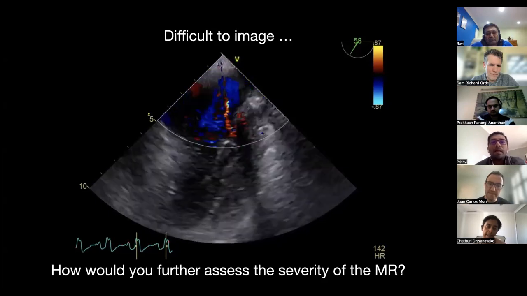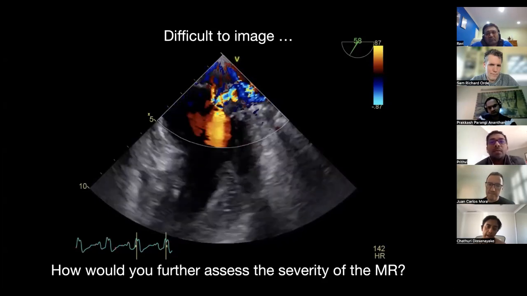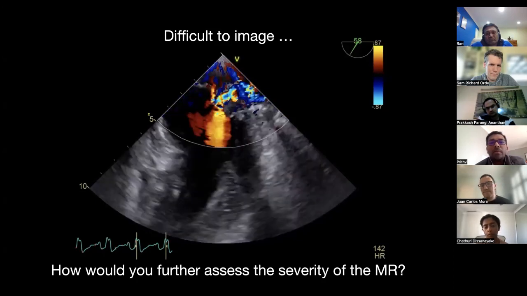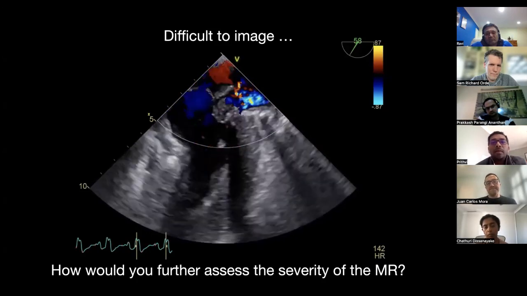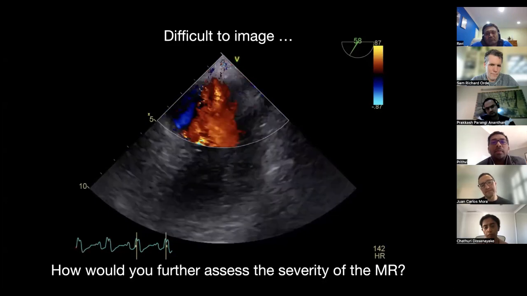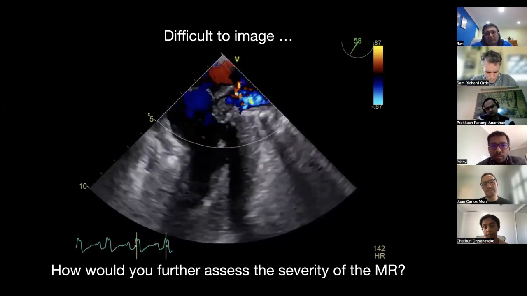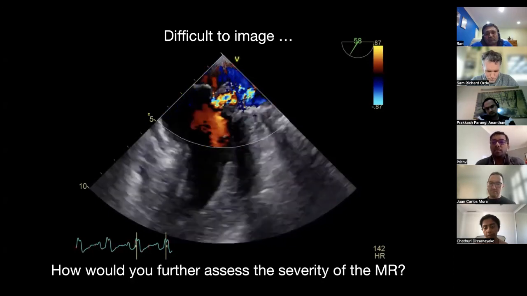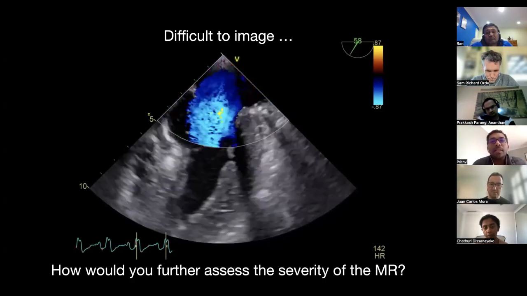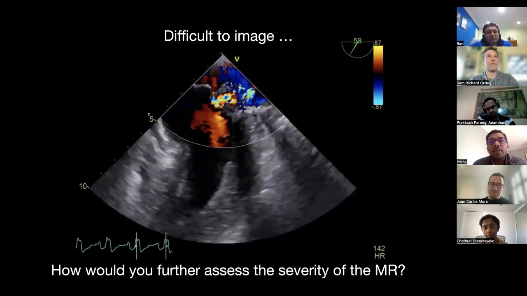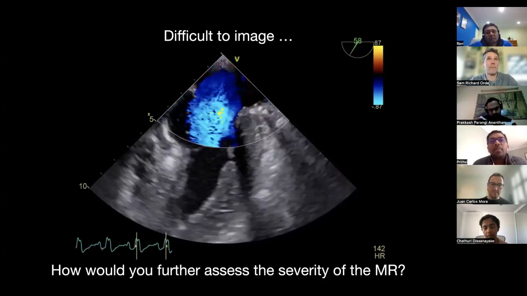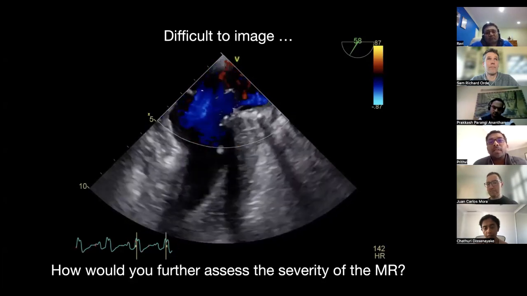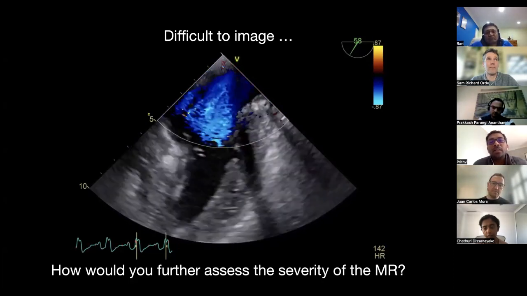So we've got a color Doppler across the mitral valve. The patient is quite tachycardic, so that's a bit of a difficulty, but still I can see possibly a severe mitral regurgitation. It's eccentric, anteriorly directed.